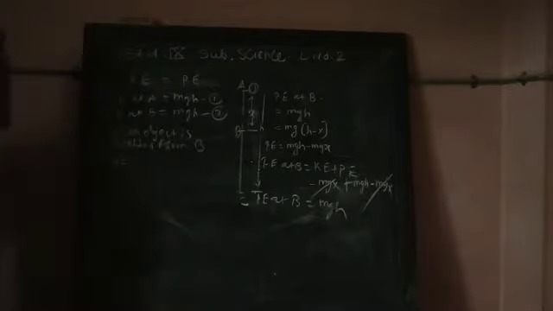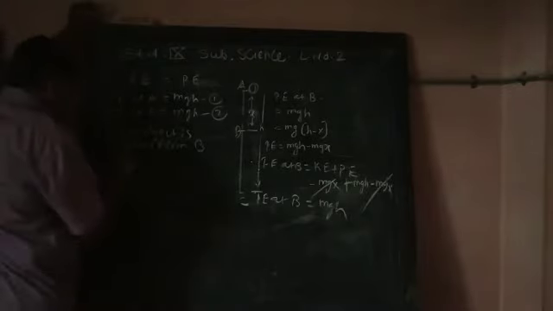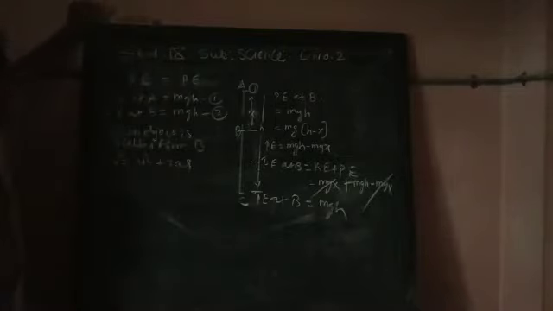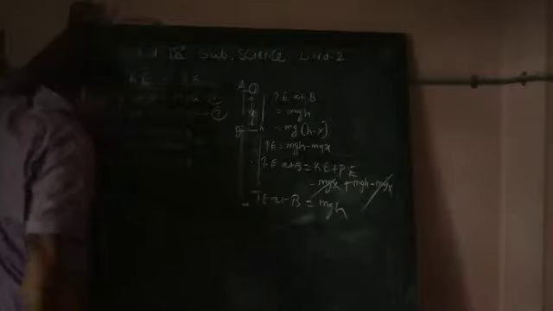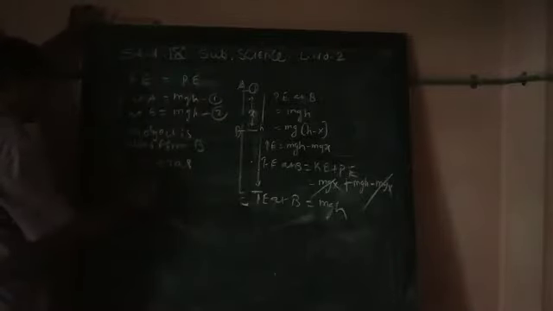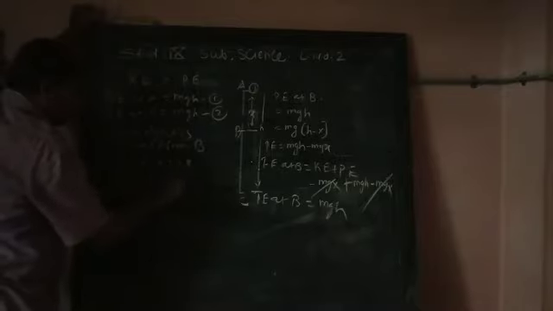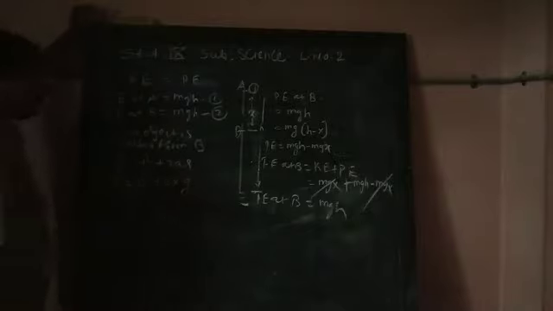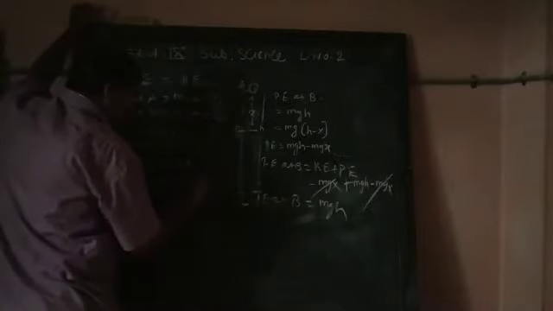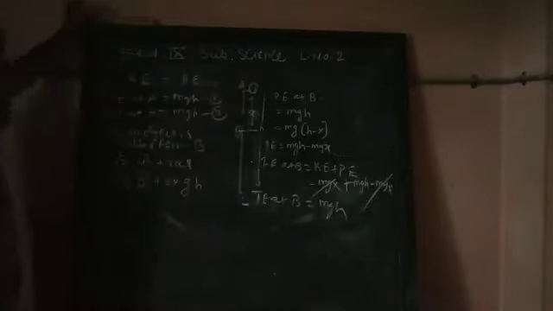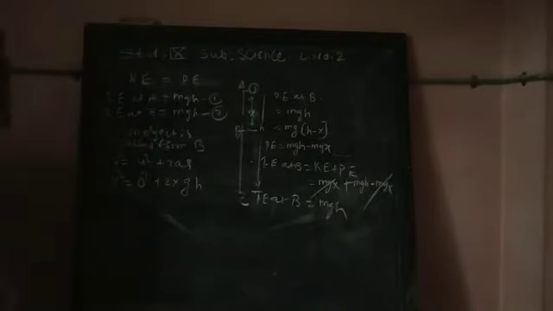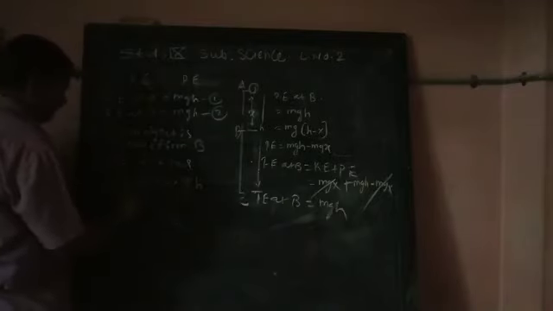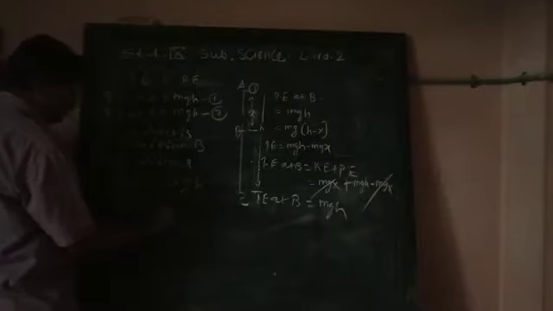When the object is released from B, then V square is equal to U square plus 2AS. The object reached here. Now V square is equal to 0 square plus 2 into a, which is g, and the total displacement is h. So V square is equal to 2gh.